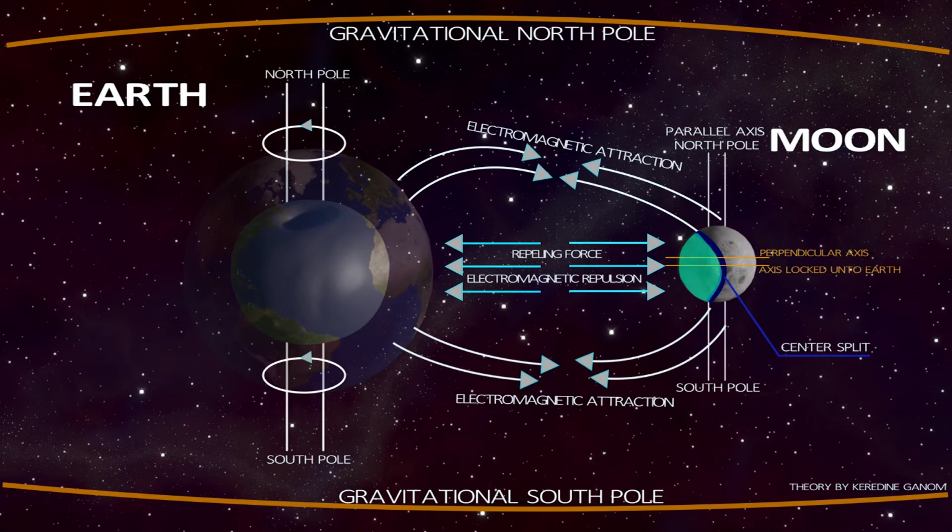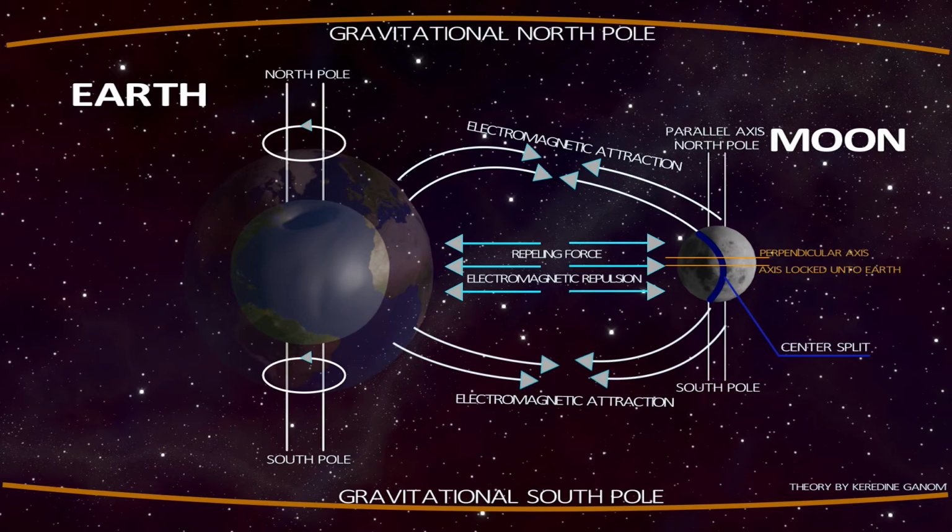The moon's half-sphere facing towards Earth, the near side, is pushing outward or repelling away from the planet gravitationally and electromagnetically, and the half-sphere that's on the opposite side, or the far side to the Earth, is pulling or attracting toward the planet, which keeps it locked on Earth's structure.